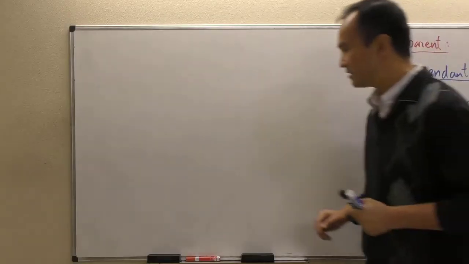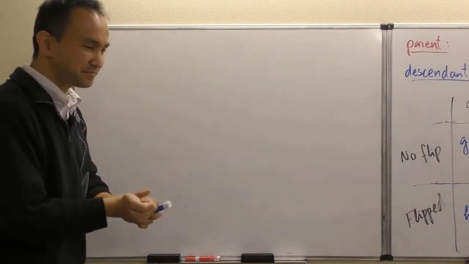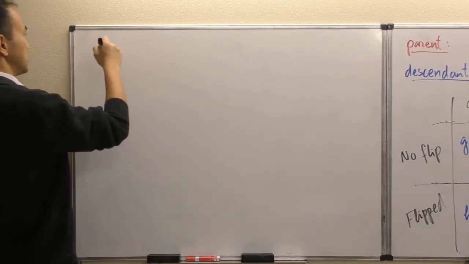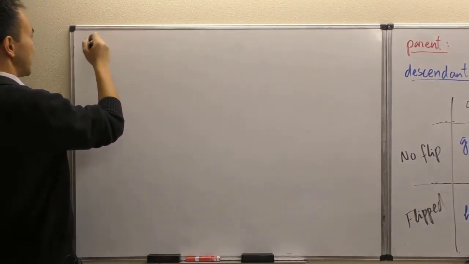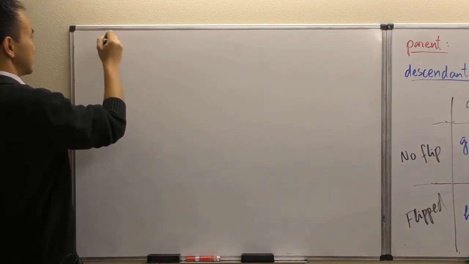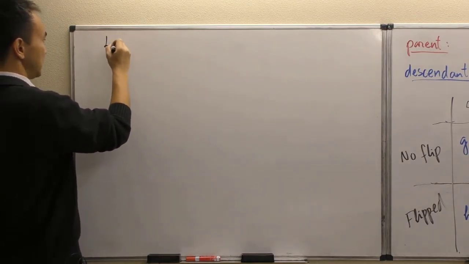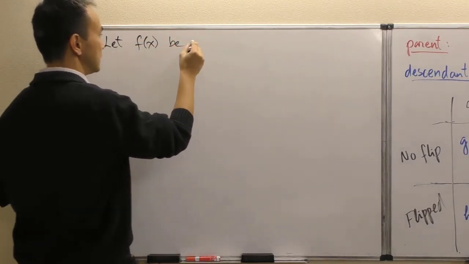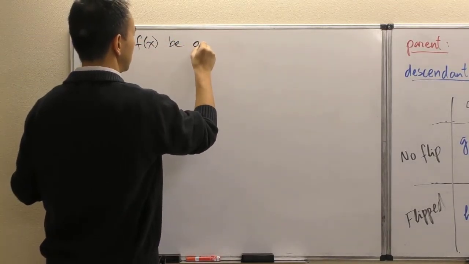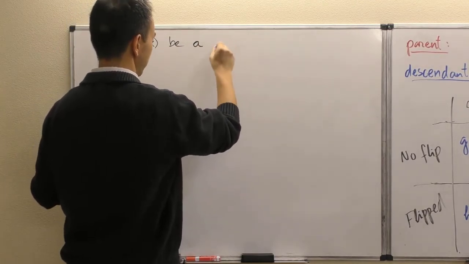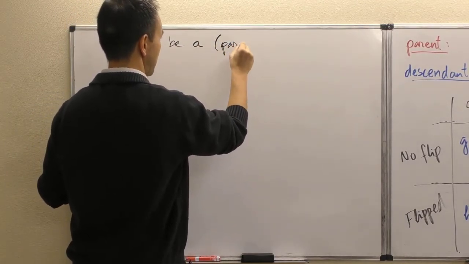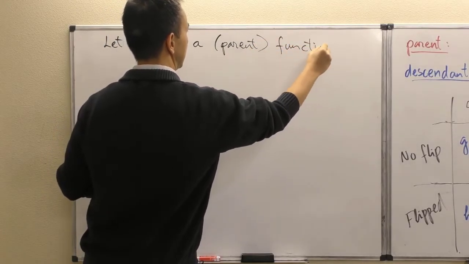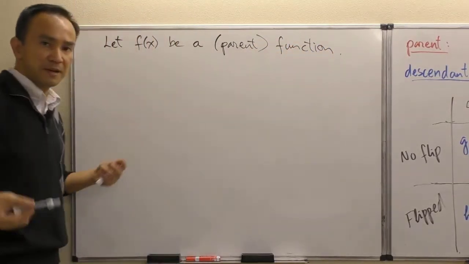head over to this board over here, and let's write down the general rule. So for horizontal scaling, I'm going to say let f of x be a parent function, just any parent function.